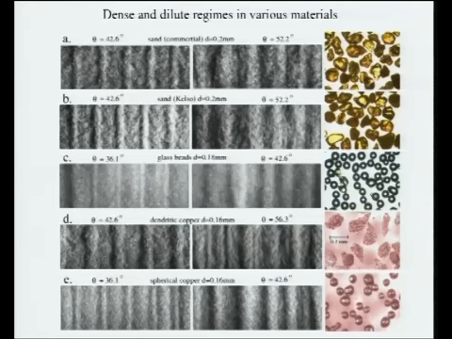So now we have observed these two regimes for a variety of materials. Here you see two sands. This one is more angular. This one is from one of those booming sand dunes where the grains are rounded. We got glass beads. We got very anisotropic particles of copper and spherical copper beads.